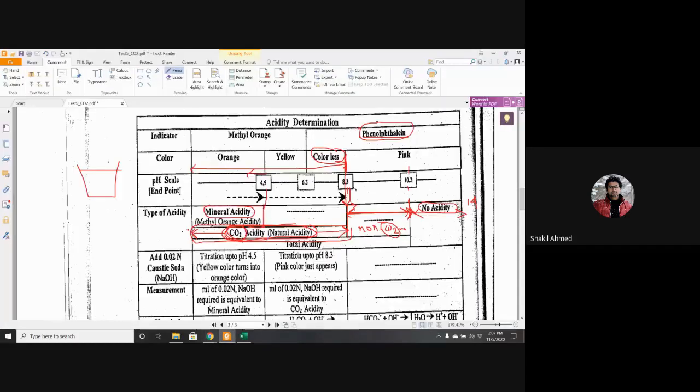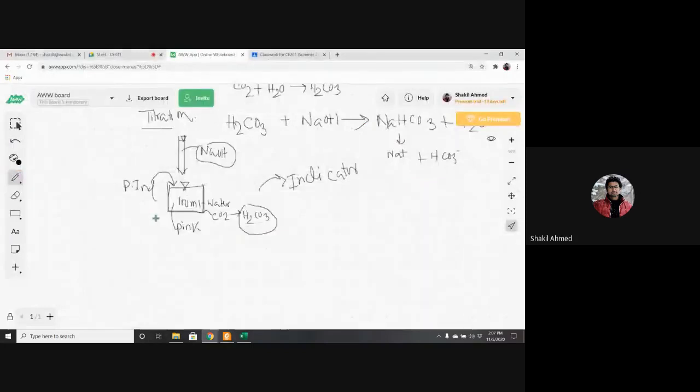That means your pH is 8.3 or greater than 8.3, because this is pink, am I right? Yes, sir. That means, do you have any carbon dioxide here? No, sir. So you don't need to test any further. You don't need to add sodium hydroxide further, if after addition of phenolphthalein indicator the color has changed to pink.